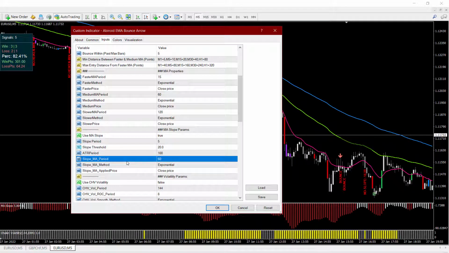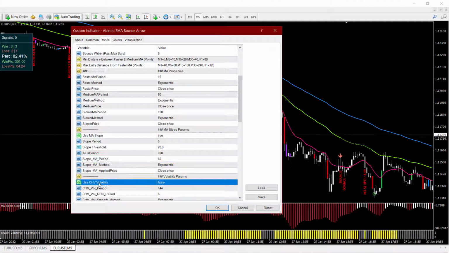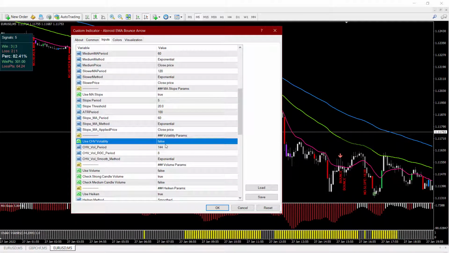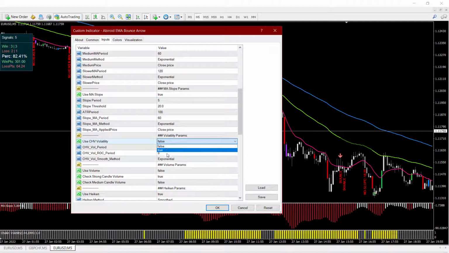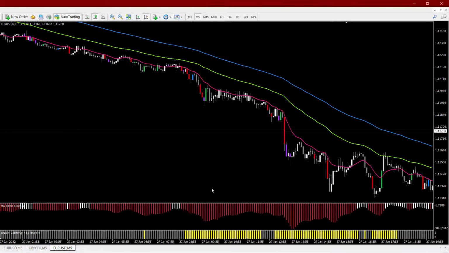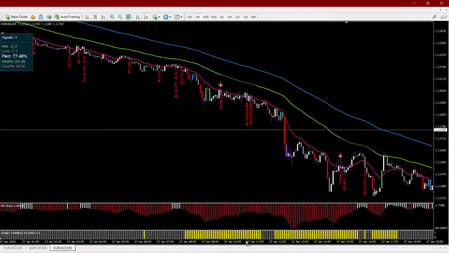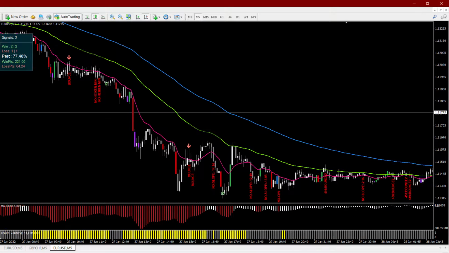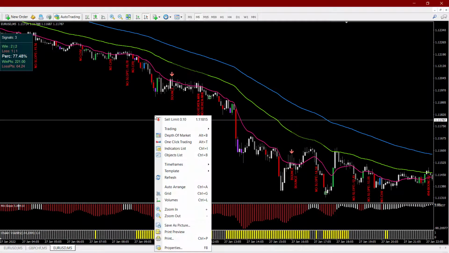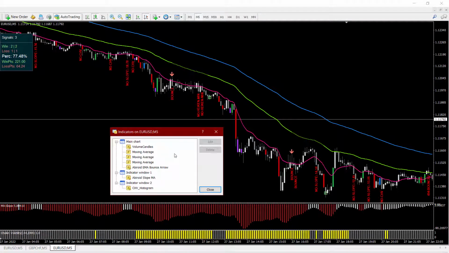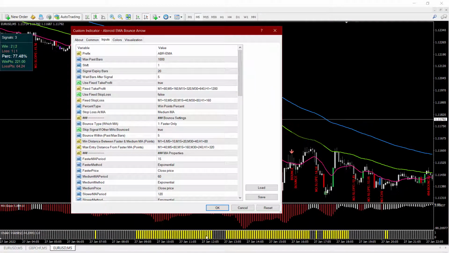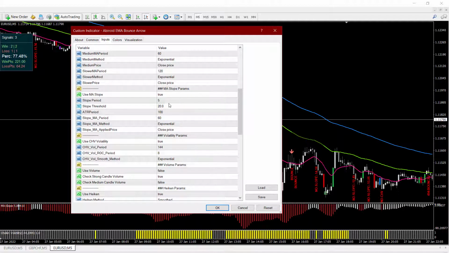Next, it will check for the price volatility. This indicator does not perform well when price is ranging or when volatility is too low. So if I have this CHV volatility set to true, in that case it will use this particular CHV indicator to calculate those values. But right now we have set it to false. This will be much more useful if you're trading on higher time frames when you want good volatility.